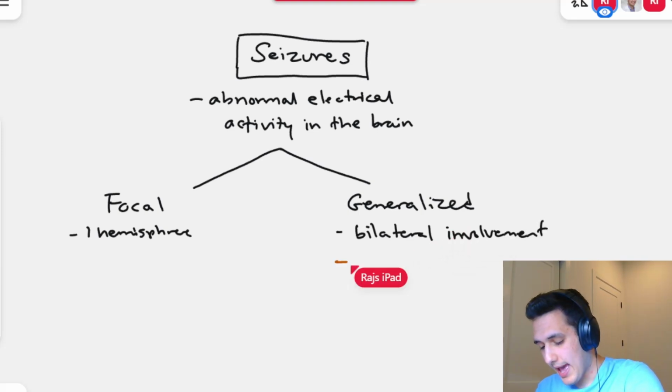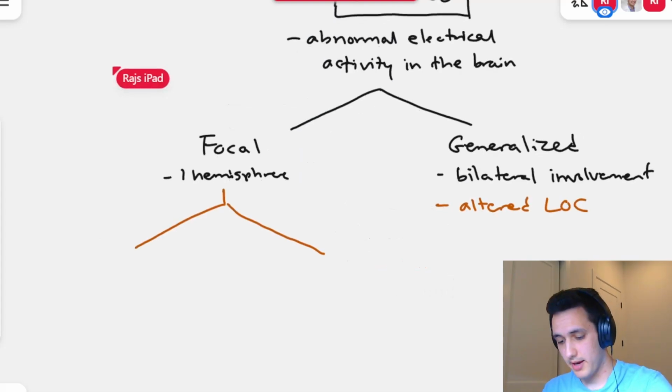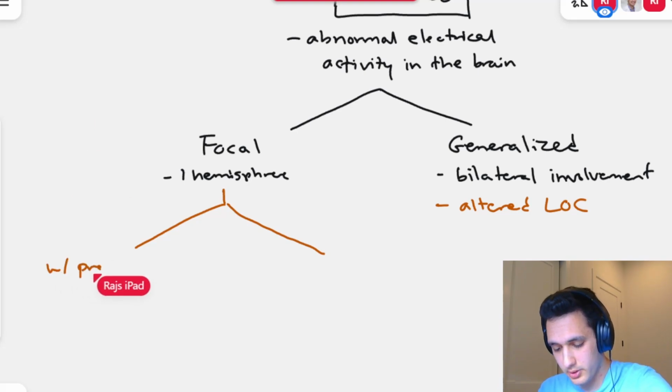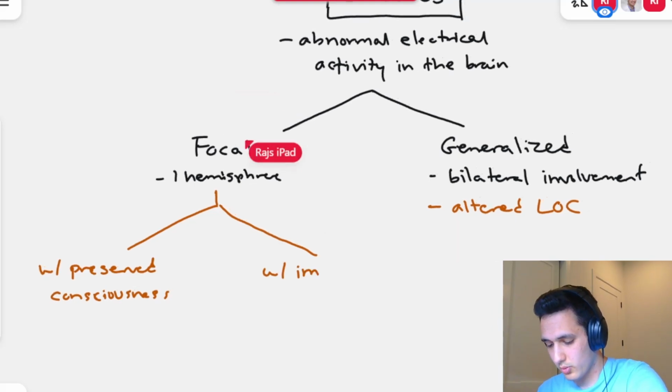Generalized seizures always have altered levels of consciousness, compared to a focal seizure where we can have preserved consciousness, or we have impaired consciousness.